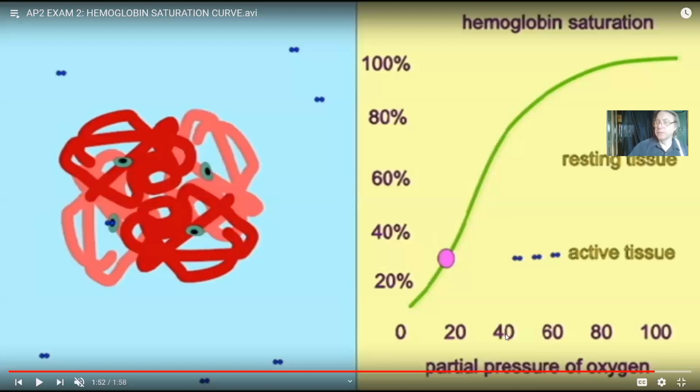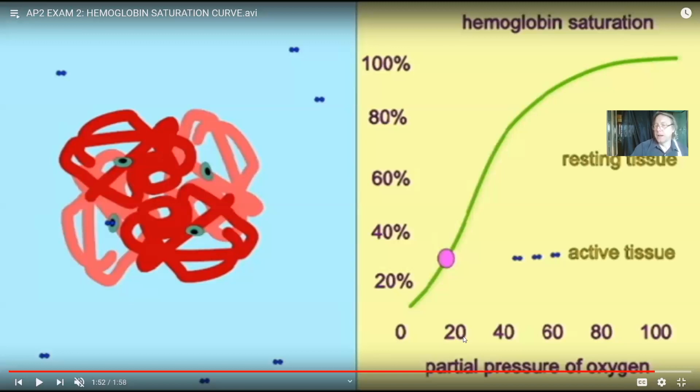But notice that the difference between my resting arm at 40 millimeters of mercury partial pressure and my active arm at 20 is 20 millimeters of mercury. This difference of 20 made almost no difference, 100 to say 96%. Here we dropped a partial pressure of oxygen of 20 millimeters of mercury and it had pretty much no effect.